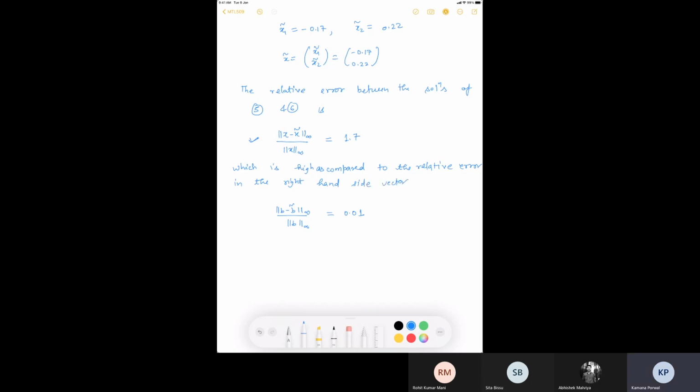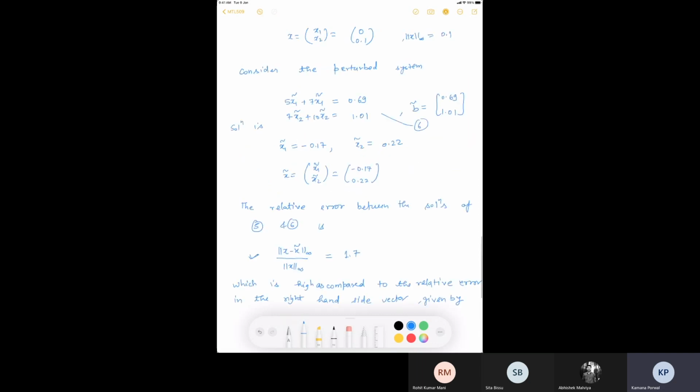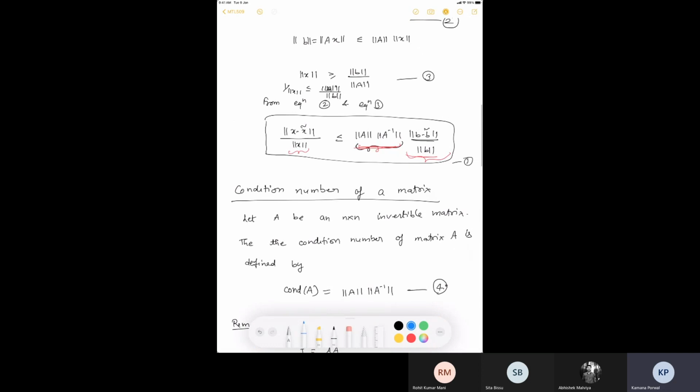This is what we are comparing as in Theorem 1. Now we know what could be the reason for this phenomenon. We are having this quantity small, but still this quantity is large, right?